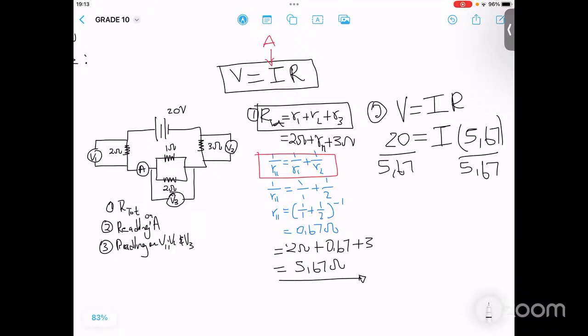As it cancels, you remain with I alone, which equals 20 divided by 5.67, and it gives you 3.53. I is measured in amperes. So that is how you would answer that question, honorable members, regarding the reading on the ammeter.